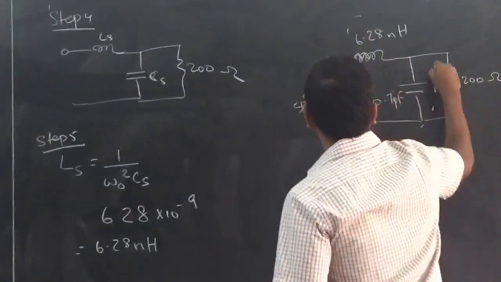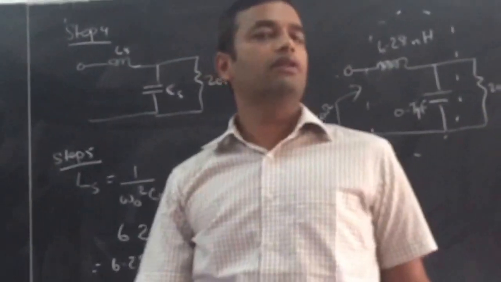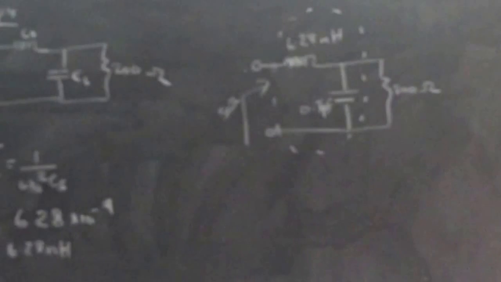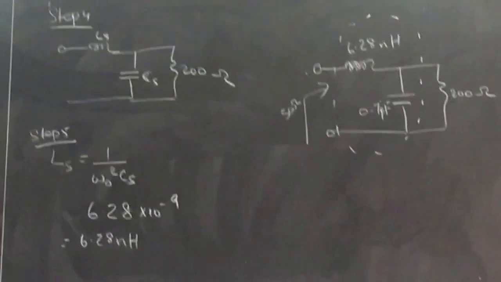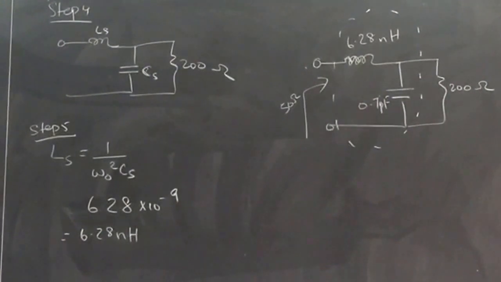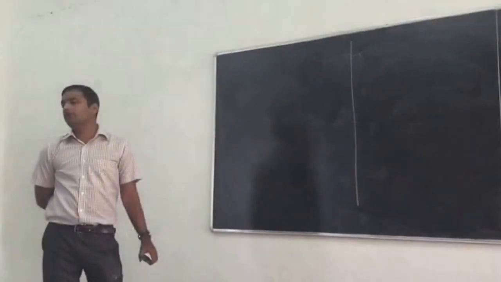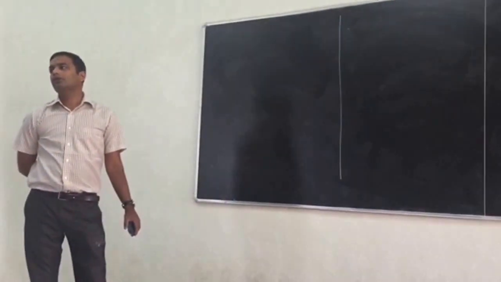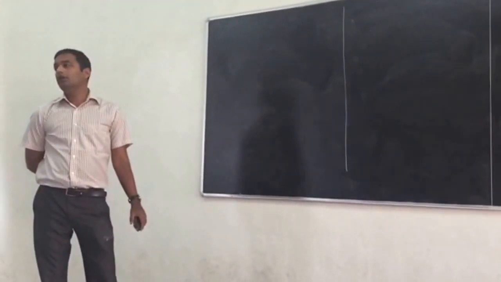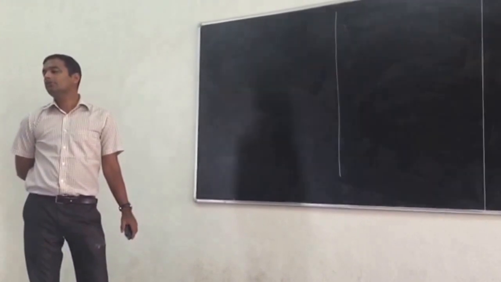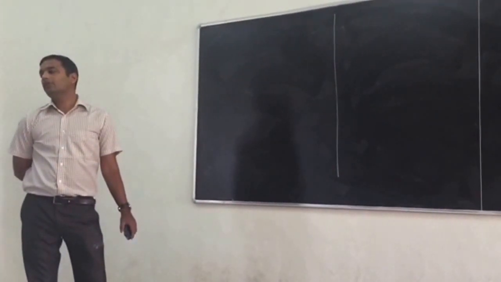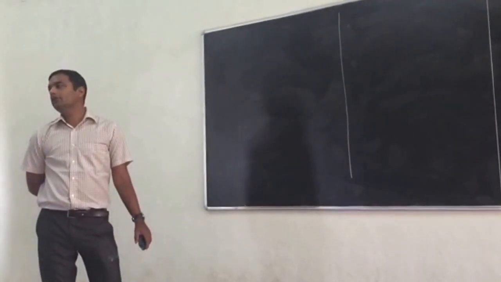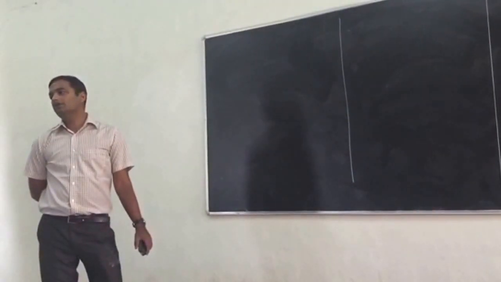This is your LC impedance matching circuit, a matching circuit to match a 200 ohm load to a 50 ohm source at 2.4 gigahertz.